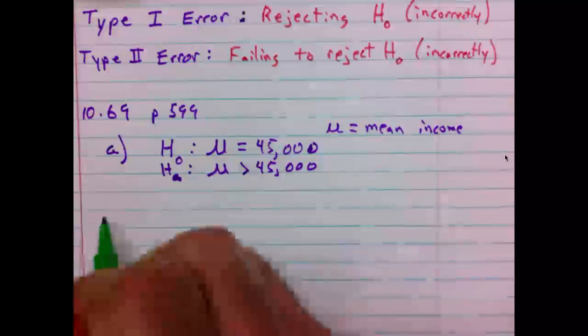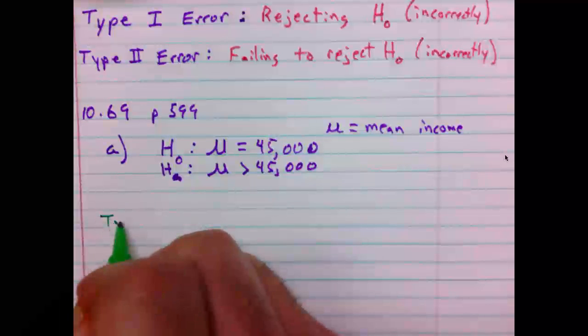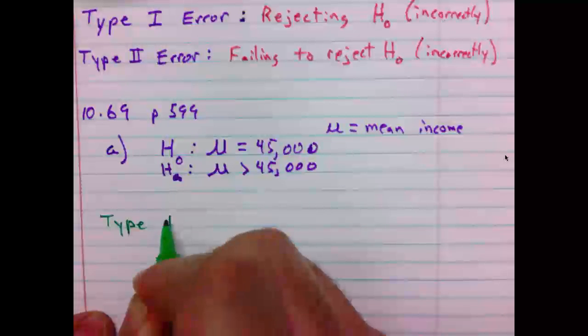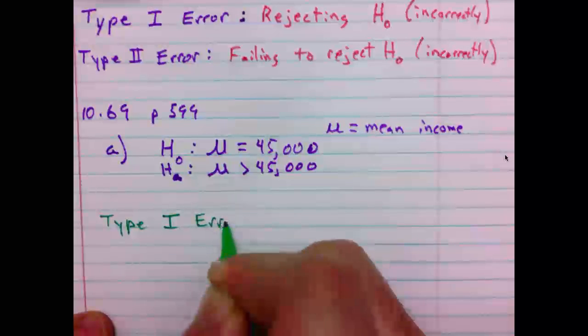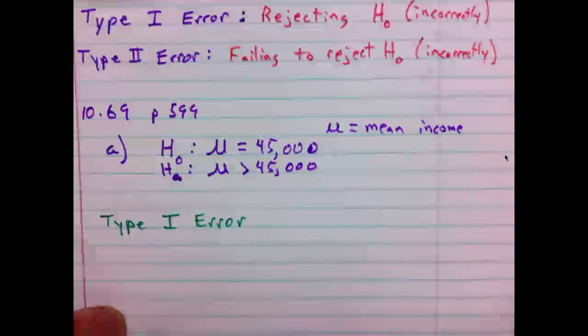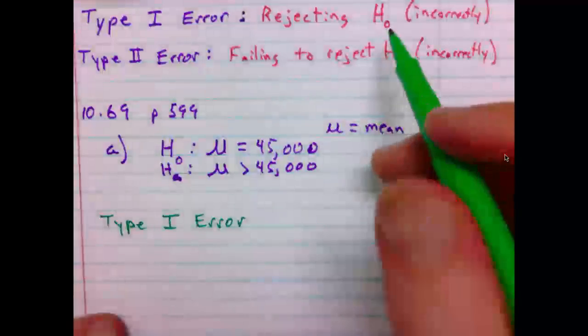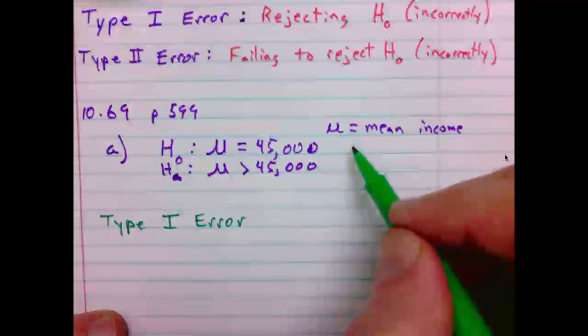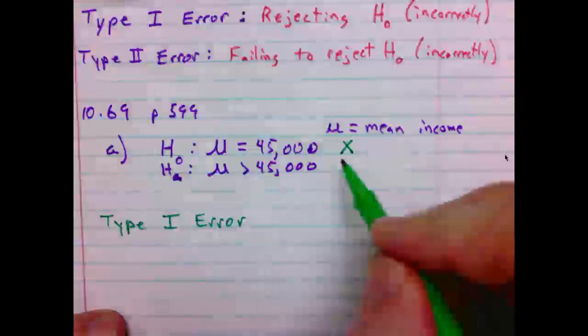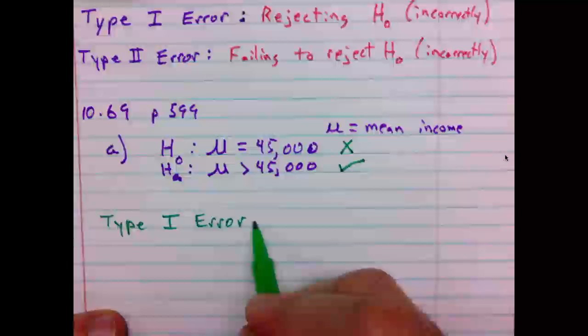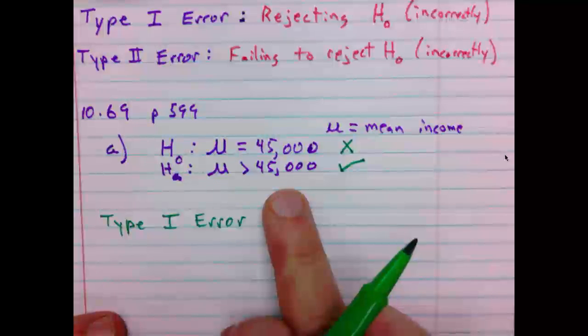All right, type 1 error is going to be rejecting H0 incorrectly. So we're going to reject H0. That is, we're going to cross out H0 and accept HA. But we have made an error. So here's what we're saying.